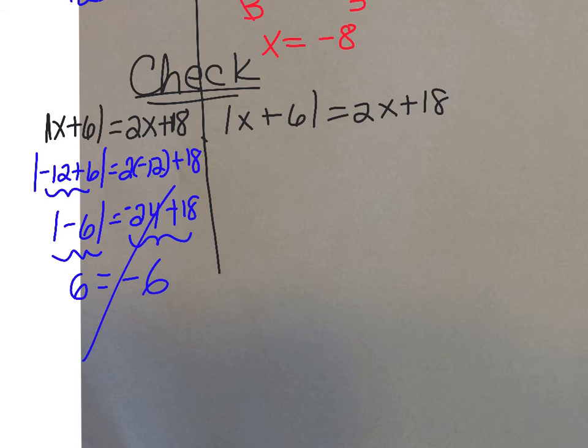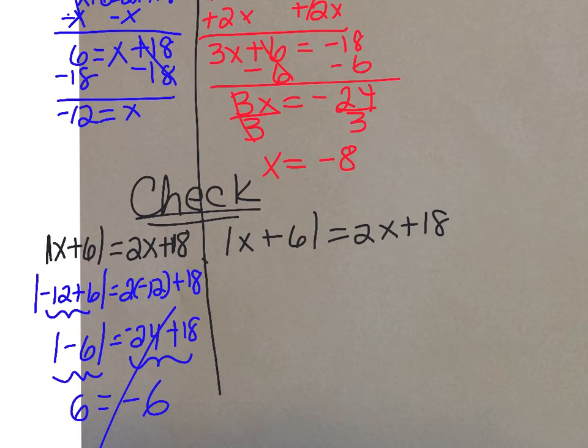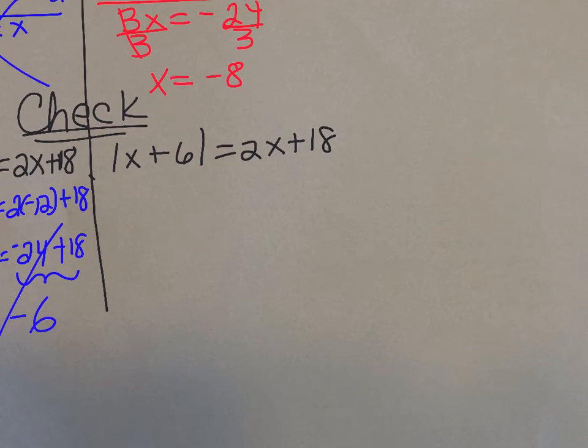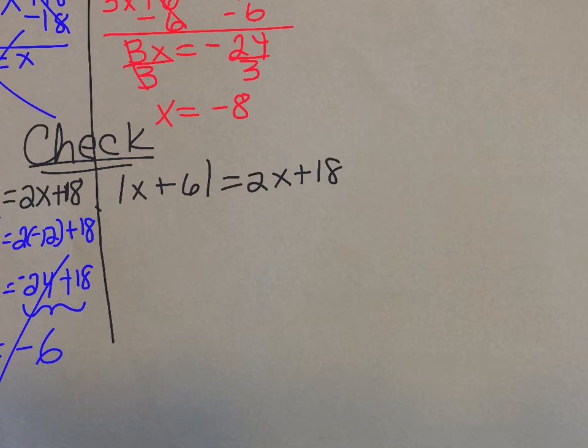This does not work. So make sure you cross negative 12 out. It's not a solution. Now we're going to try negative 8 in the red. Absolute value of negative 8 plus 6 equals 2 times negative 8 plus 18.